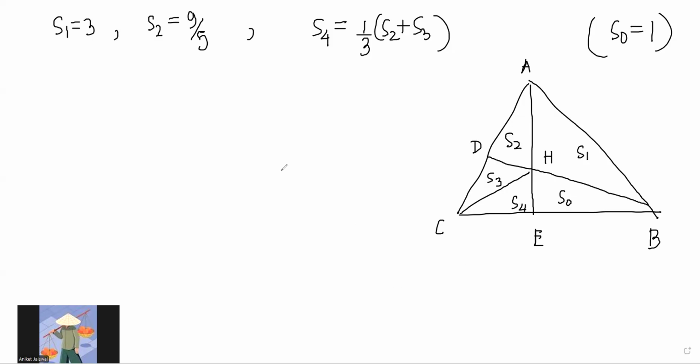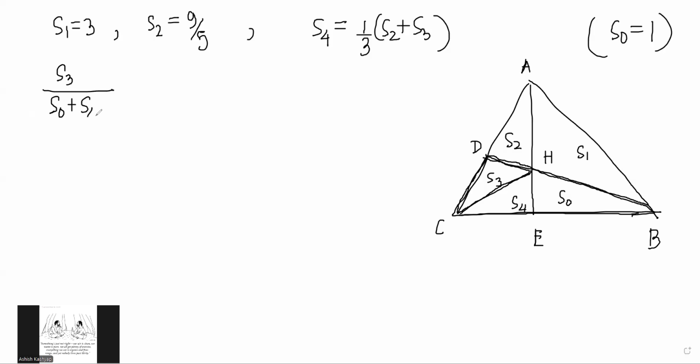S0 plus S4 upon S3 is equal to 5 by 3. So now what we will do is we'll compare this area with the big triangle here, right? Then we get two equations and two variables. So we are getting S3 divided by S0 plus S4 will be equal to 3 by 5, right?